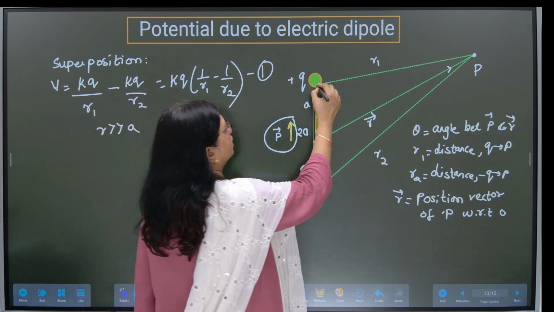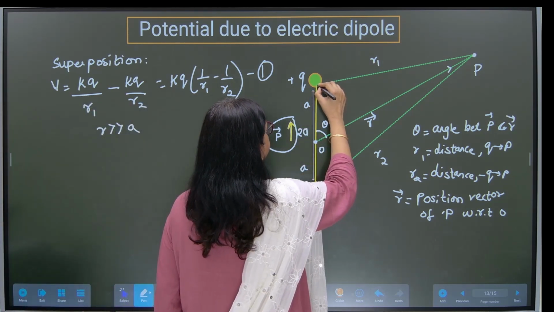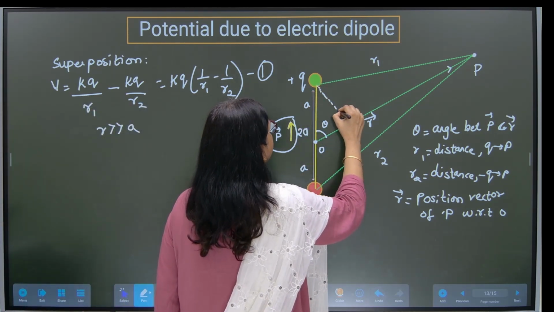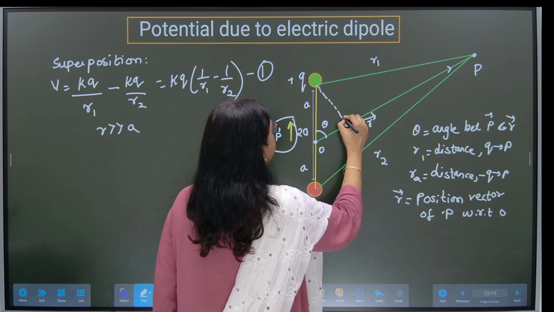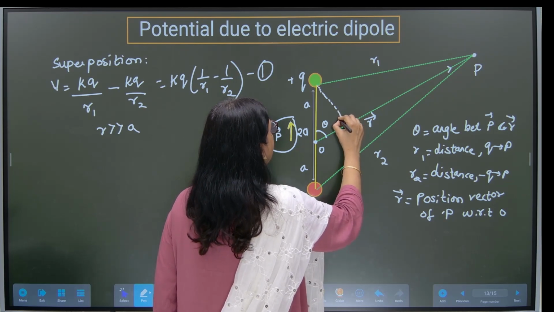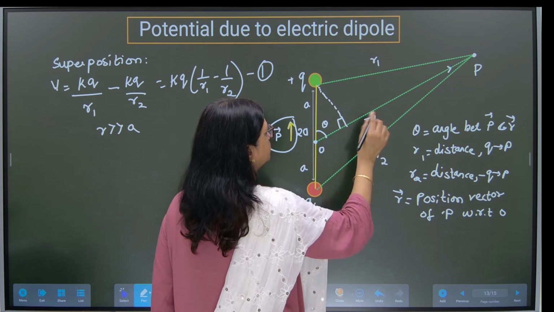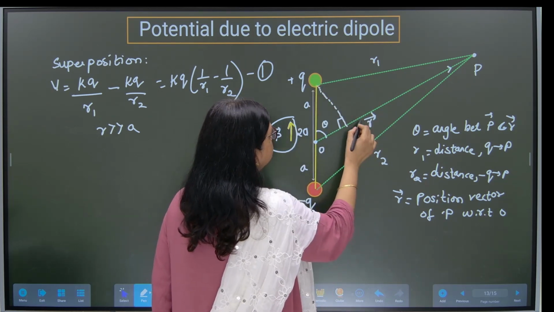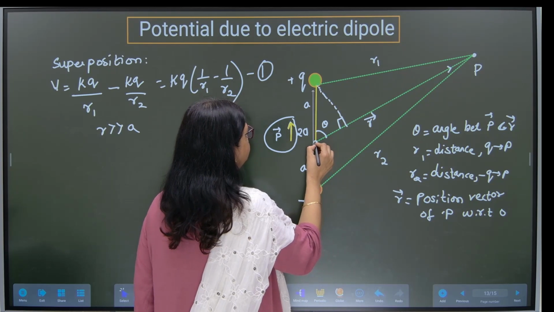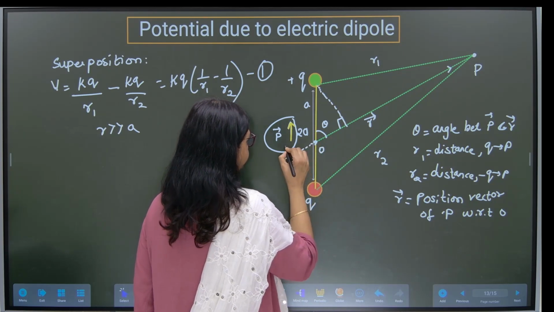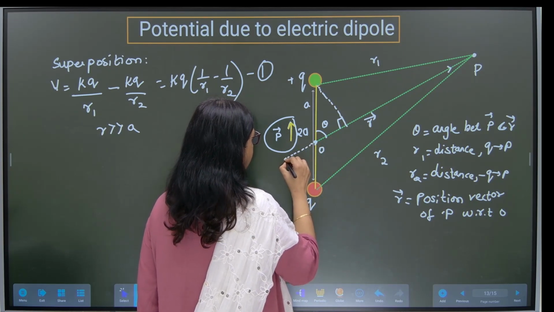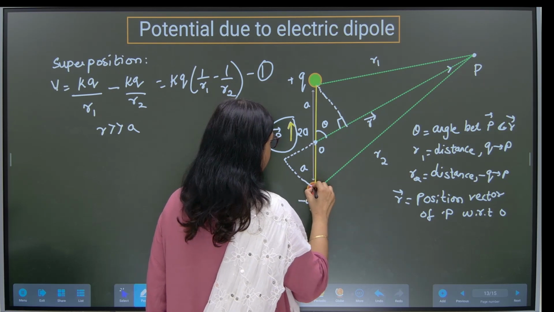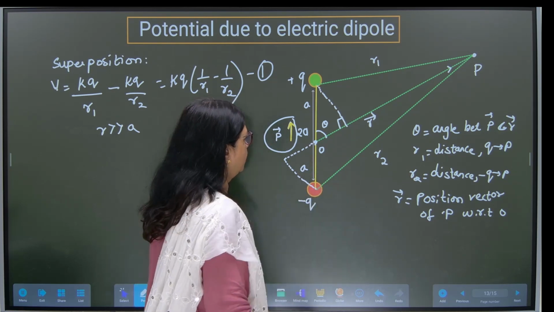So now let us do a construction in which we have dropped a perpendicular on the position vector R arrow from plus Q to R arrow. Then we further extend the position vector and again drop a perpendicular from minus Q to R arrow.